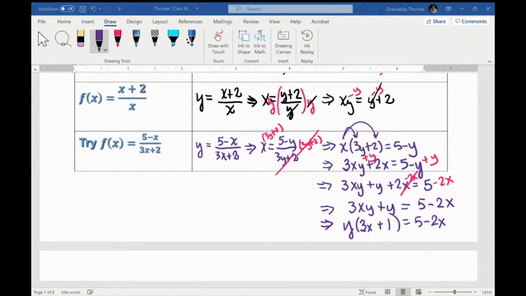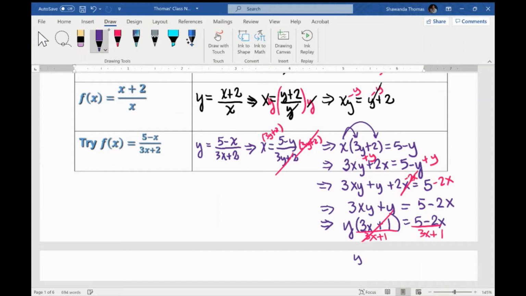Divide both sides by 3x plus 1. Good. That'll get rid of all of that connected to the y.